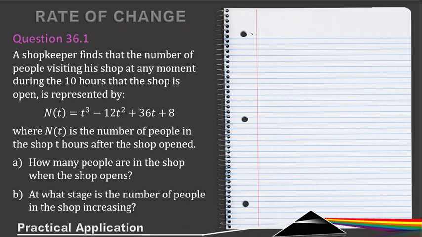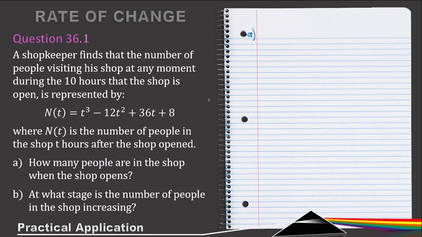Alright, so for A, how many people are in the shop when it opens? That's another question like we saw previously where they asked immediately or directly, where t equals 0 basically.